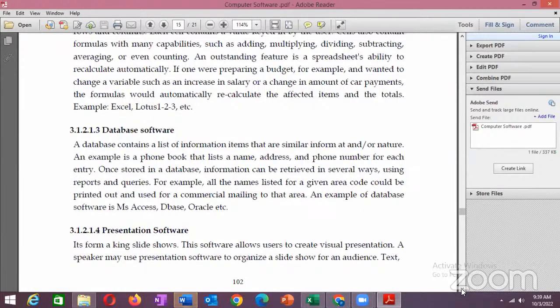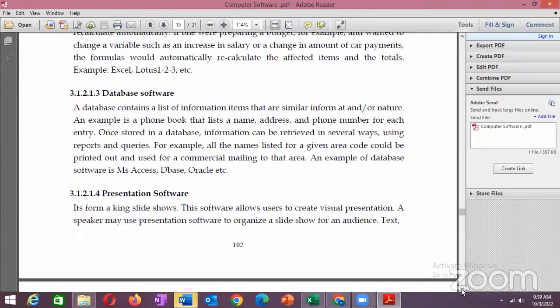So in your smartphone, you have a phone book and it has all that. Once stored in a database, information can be retrieved in several ways using reports and queries. For example, all the names listed for a given area code will be printed out and used for commercial mailing to the area. An example is MS Access or DBase or Oracle.